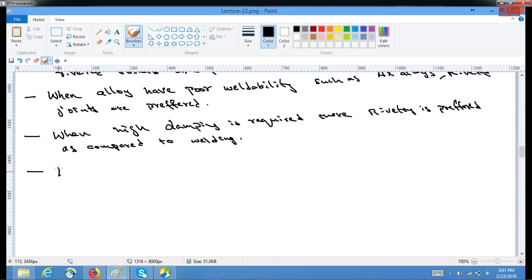Similarly, for heterogeneous joints where you have multiple materials.